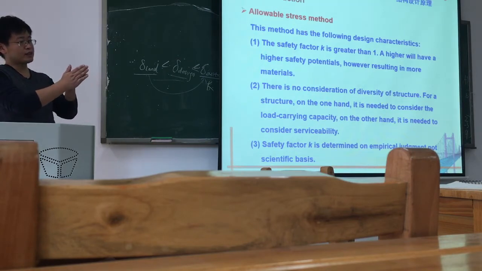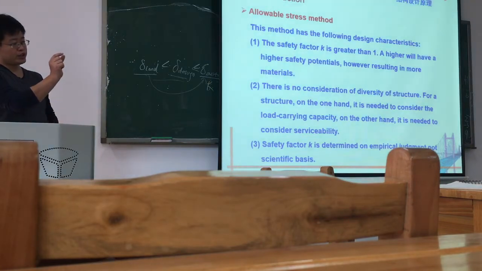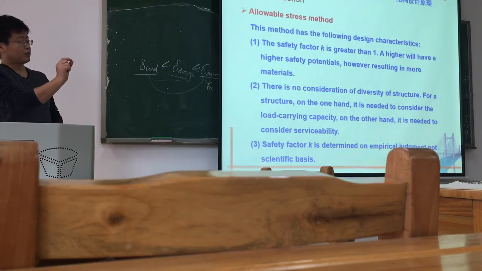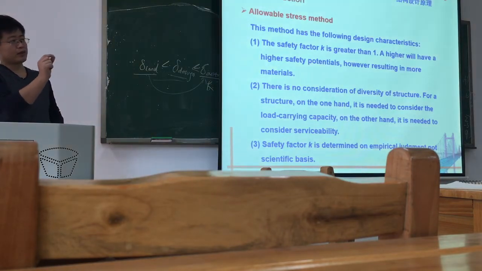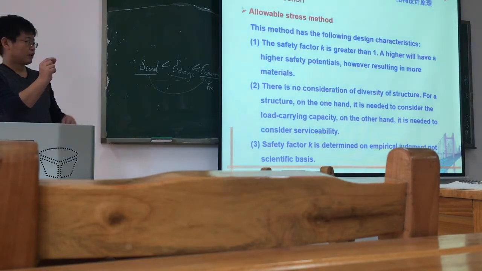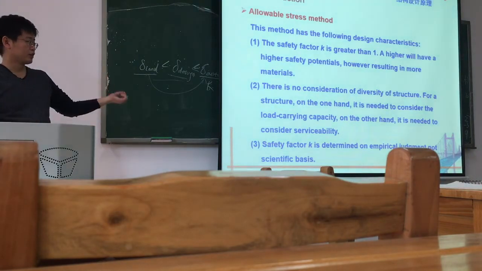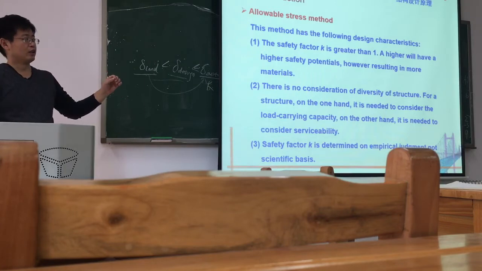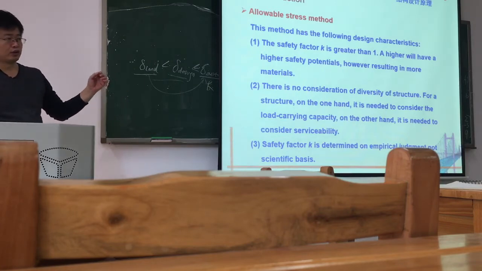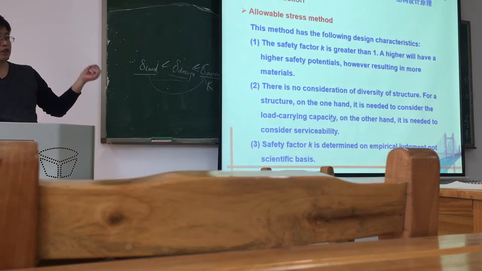But once the crack reaches maybe 1 centimeter wide, or in the real situation maybe 2 millimeters wide, according to the code, the serviceability is maybe not satisfied. But for the load carrying capacity, it is still okay. The bridge will not collapse.